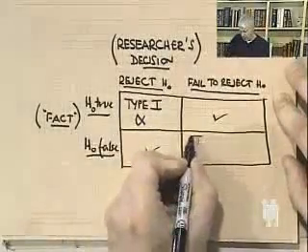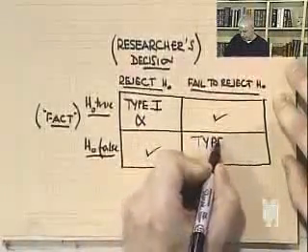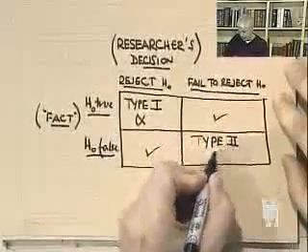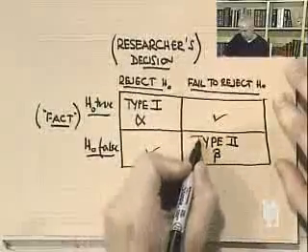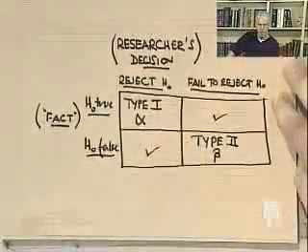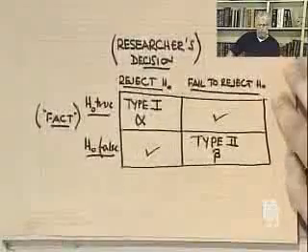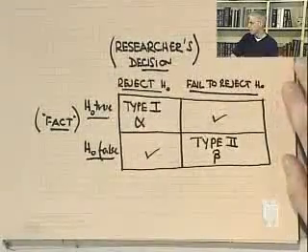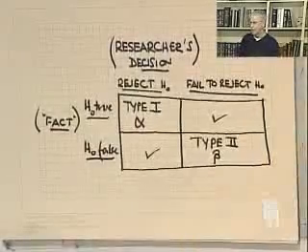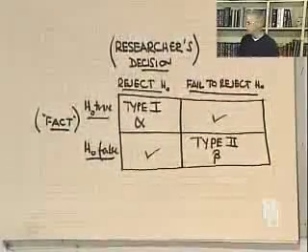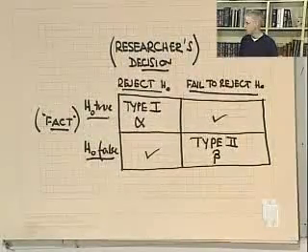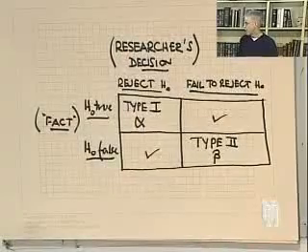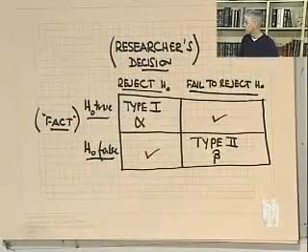This is a type 2 or beta error. It is a false conclusion of no difference.